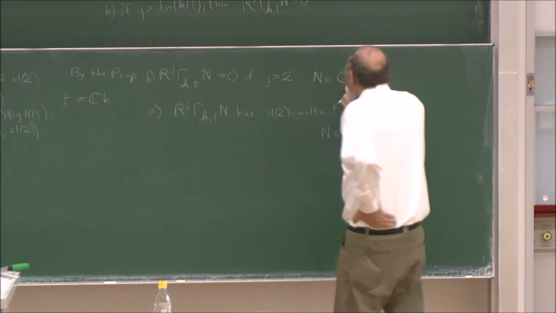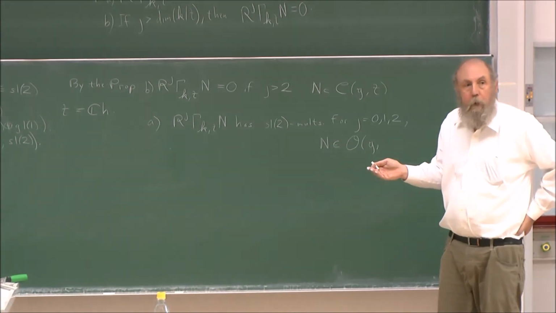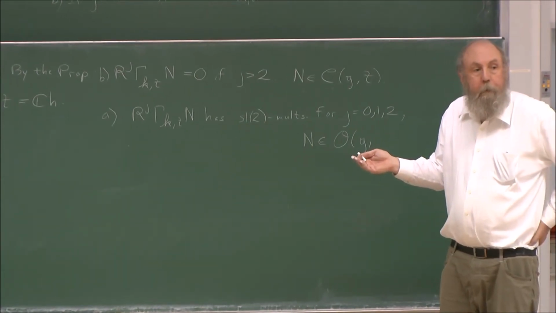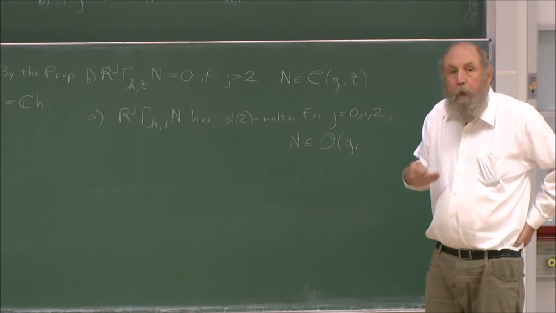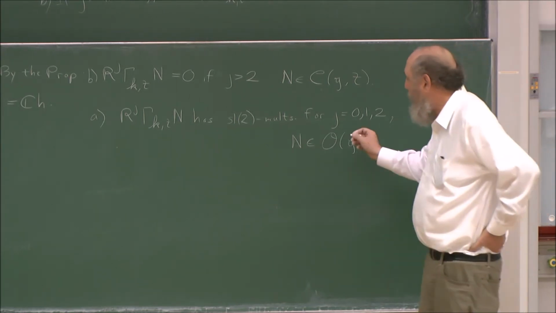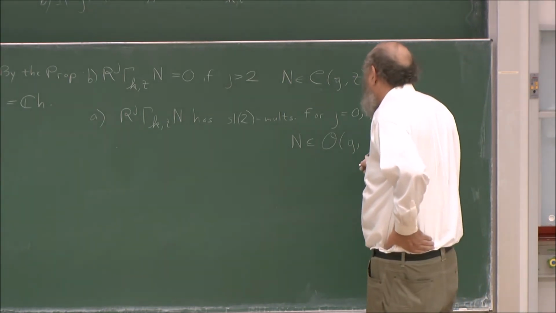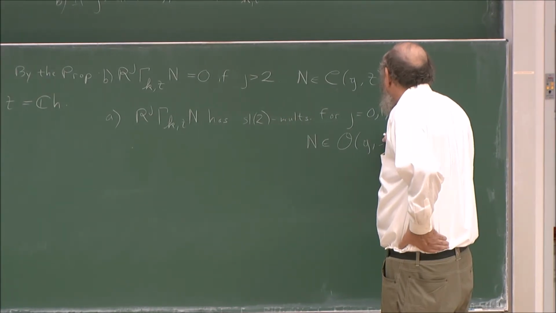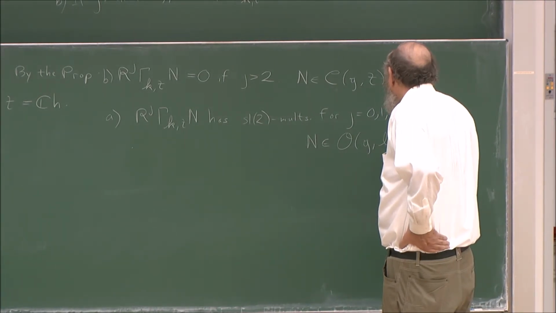Remember that my category here is a kind of a fictional category where all I'm doing is assuming semi-simplicity with respect to T, but there are no finiteness conditions. Now here I'm assuming that my N is in the O category.